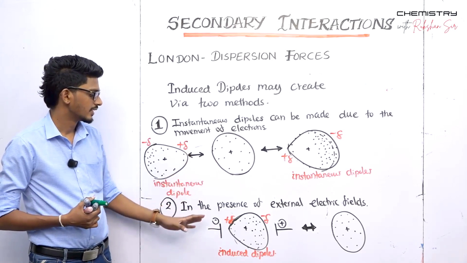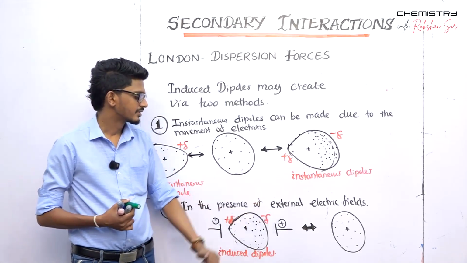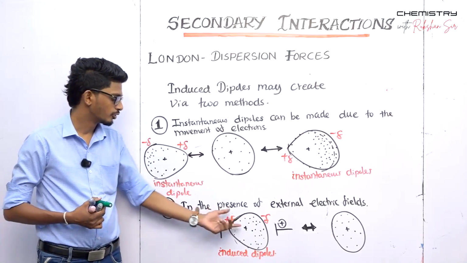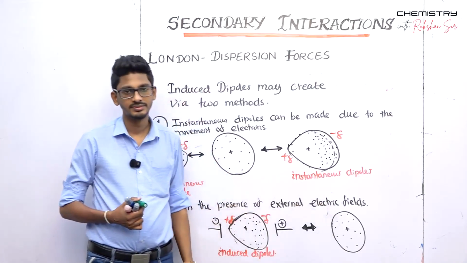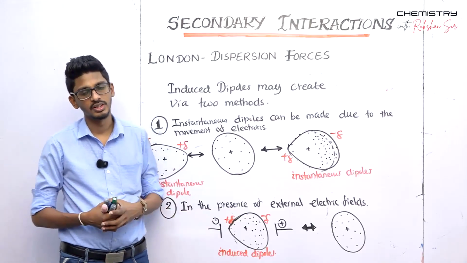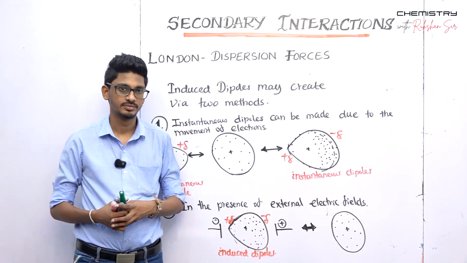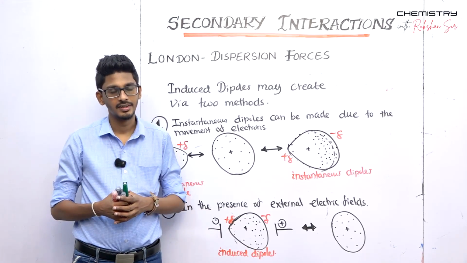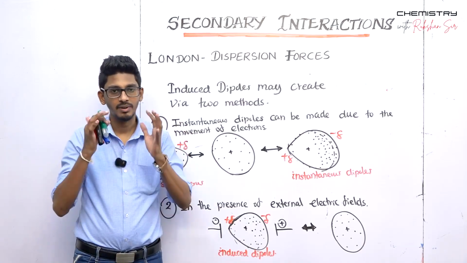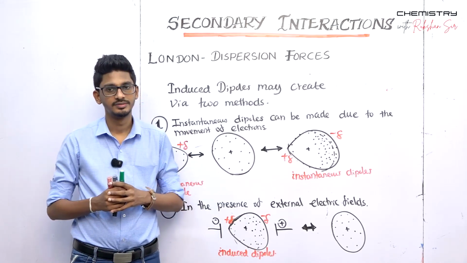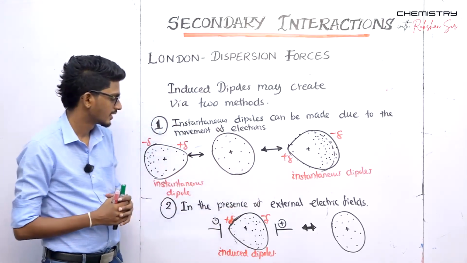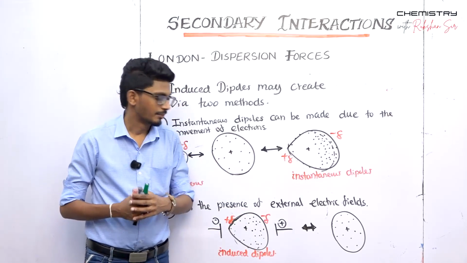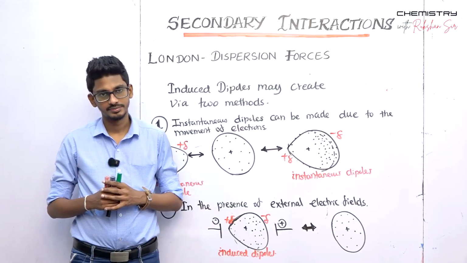The second way is in the presence of an external electric field, the poles may be induced, and if you remove the field, the poles will disappear. That is why those are referred to as induced dipoles. Permanently there are no dipoles, but dipoles are induced. So these are the two methods you can come up with induced dipoles.